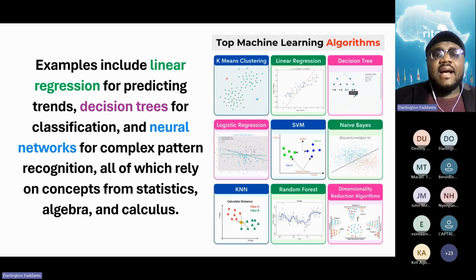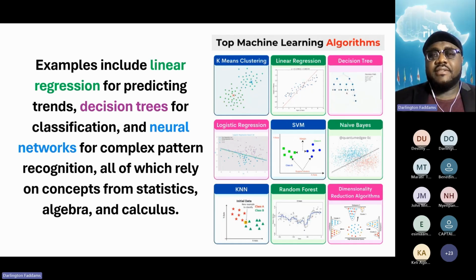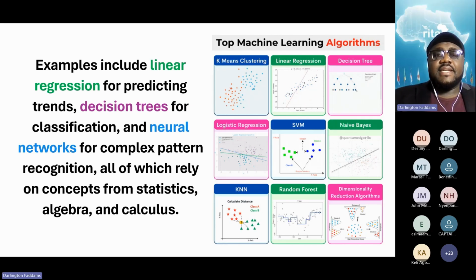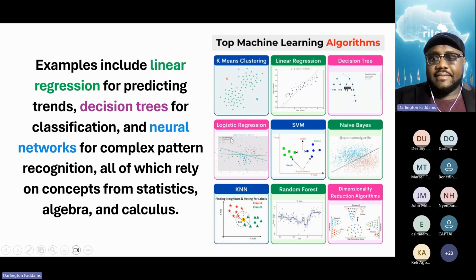We have another algorithm called decision trees. And today we are going to be using another algorithm called logistic regression. Please type logistic regression in the chat for me. And we'll be mentioning other algorithms as well.